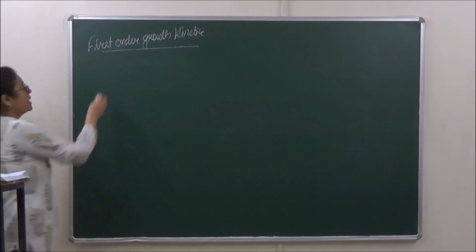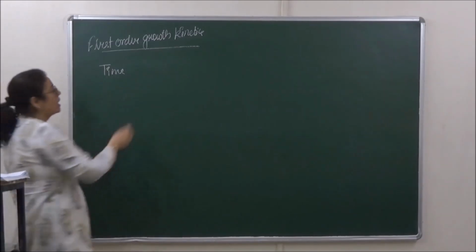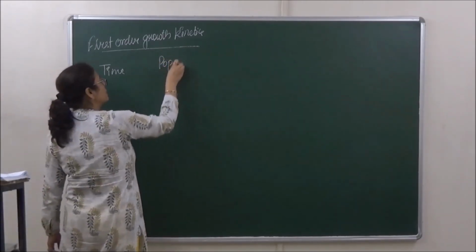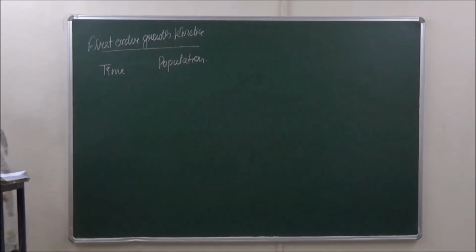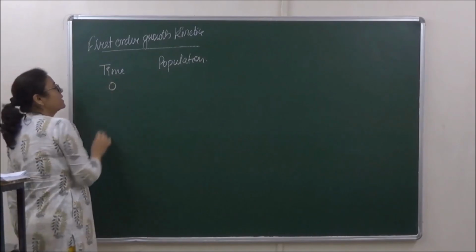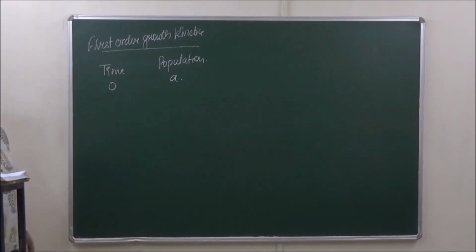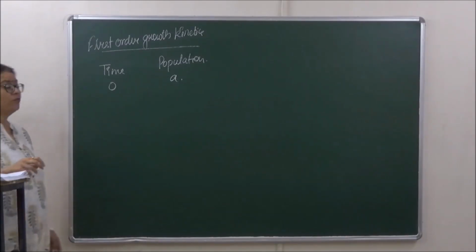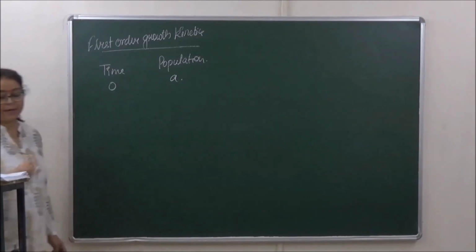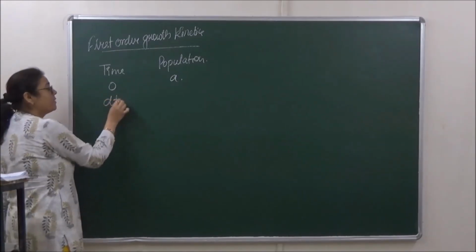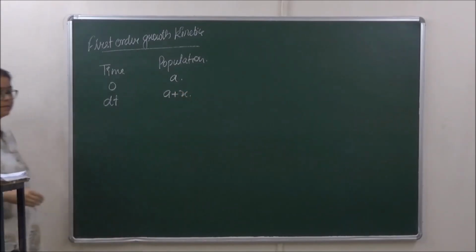Now in this case, let's say that we have time and we have a certain population. ठीक है? So we say that at time 0 the population is equal to A. Now with time the population will grow, whereas when we were talking of reactants there was a decrease in reactants. ठीक है? So over here at time dt, let's say at a very small change in time, the population becomes equal to A plus x.